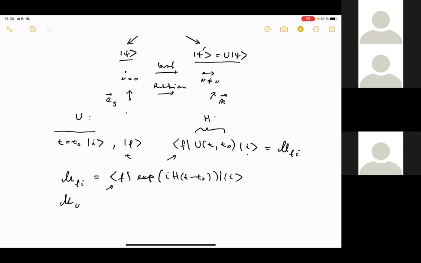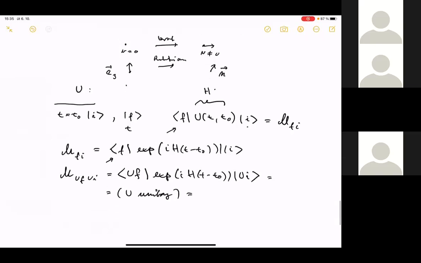So let us calculate such an amplitude. We must transform both the initial state and the final state. And provided U is a unitary operator, then we can use the definition of the Hermitian conjugated operator, and we get such an expression.